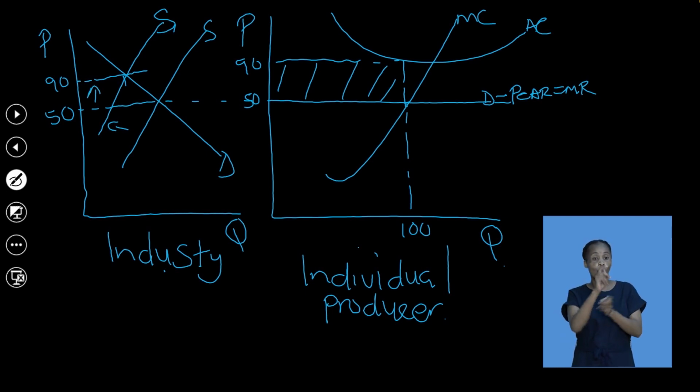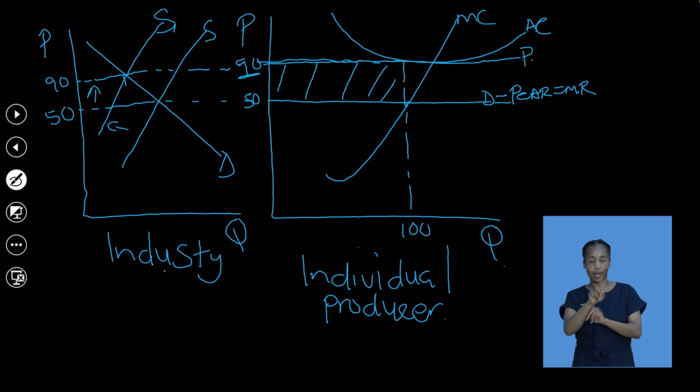Since we now have a new price at 90, and the individual producer is a price taker, they are going to have to take this new equilibrium price of 90 and sell their product at 90. So as you can see, guys, we have a new price of 90.